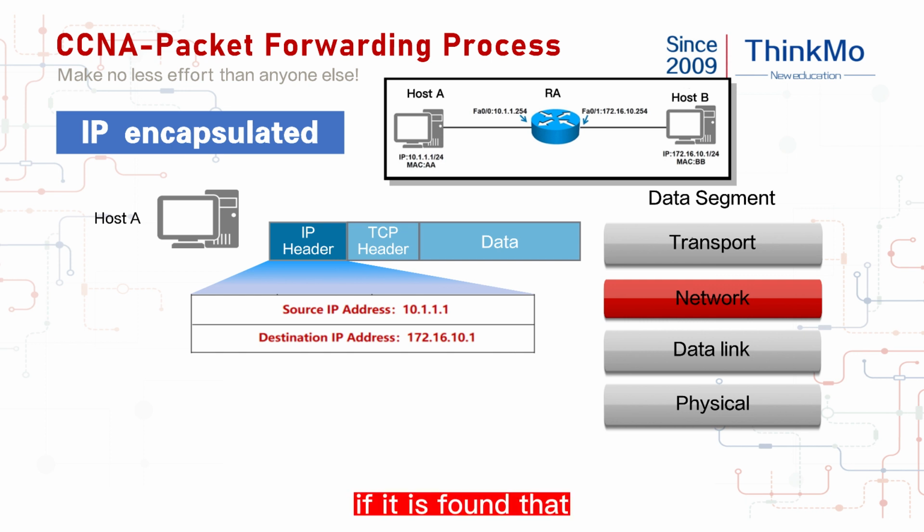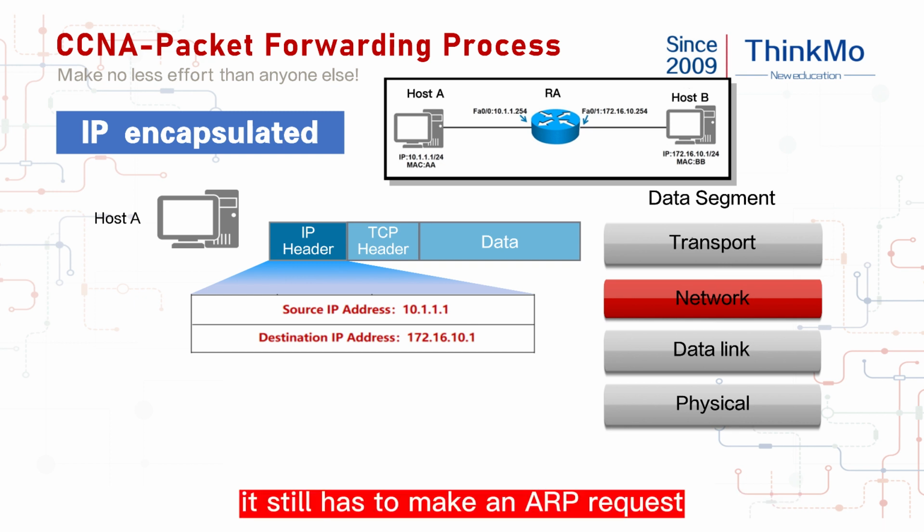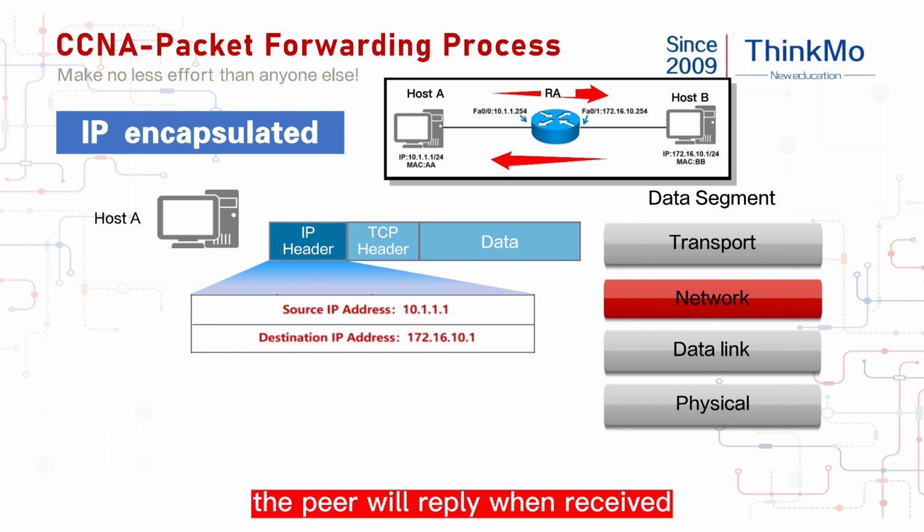If it is found that the destination is crossing the network segment, it still has to make an ARP request. But do you remember? If they are directly connected in the same network segment, host A directly sends the ARP broadcast to request the MAC address of the peer. The peer will reply when received.